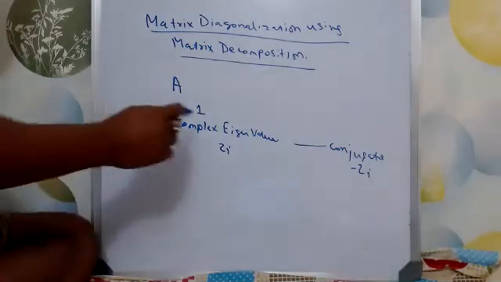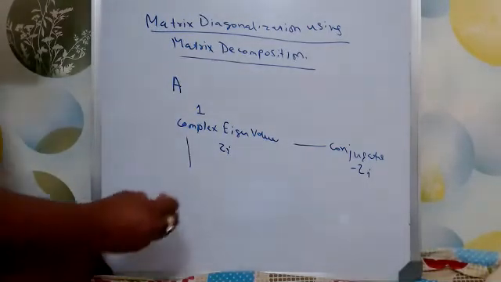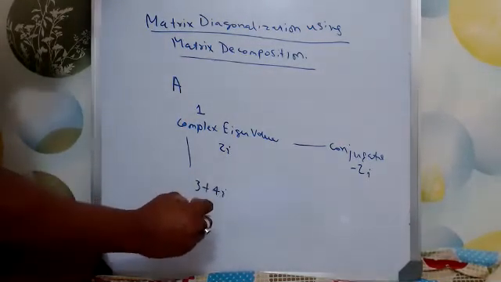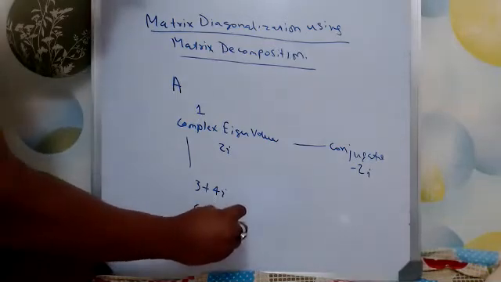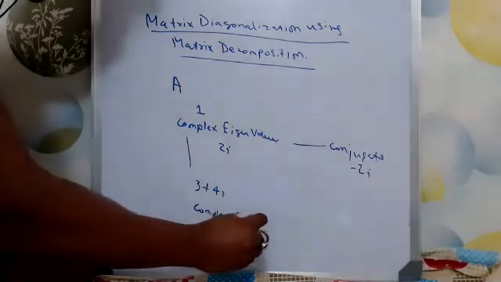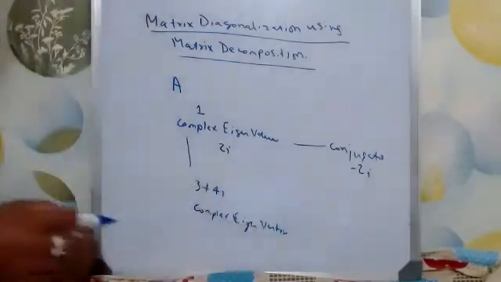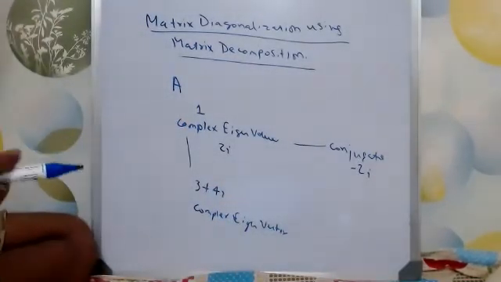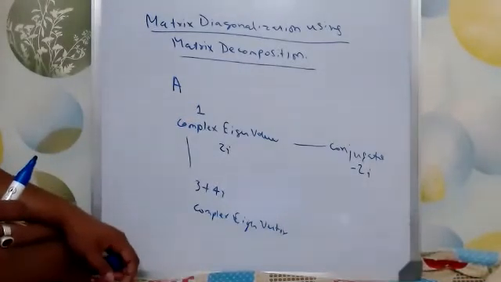Now this eigenvalue will have a corresponding complex eigenvector. Let's say it is 3 plus 4i. This is the complex eigenvector. Okay. Because each eigenvalue comes with an eigenvector pair. So if 2i is the eigenvalue, then there will be a corresponding eigenvector also for 2i.